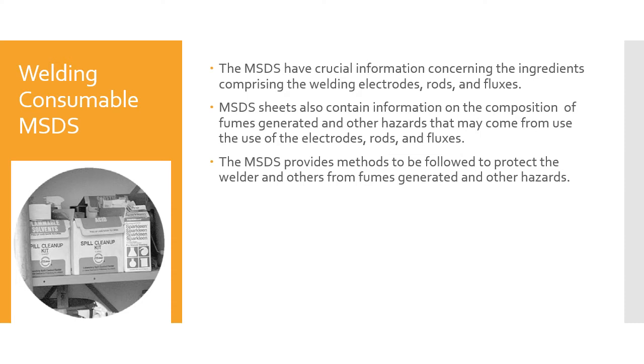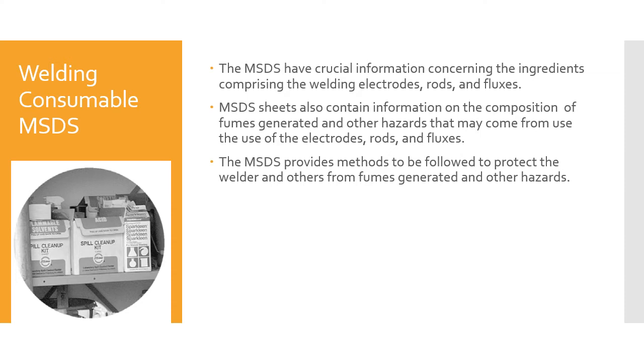The MSDSs have crucial information concerning the ingredients comprising the welding electrodes, rods, and fluxes. MSDS sheets also contain information on the composition of fumes generated and other hazards that may come from the use of the electrodes, rods, and fluxes. The MSDS provides methods to be followed to protect the welder and others from fumes generated and other hazards.